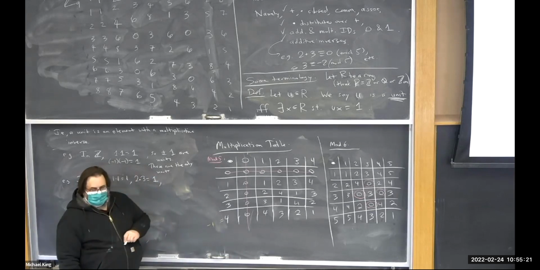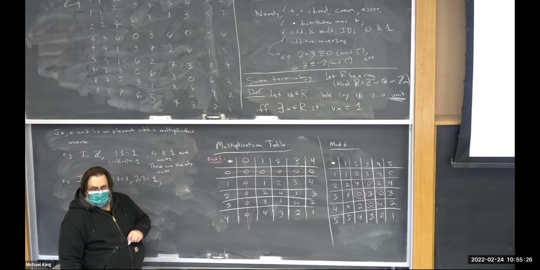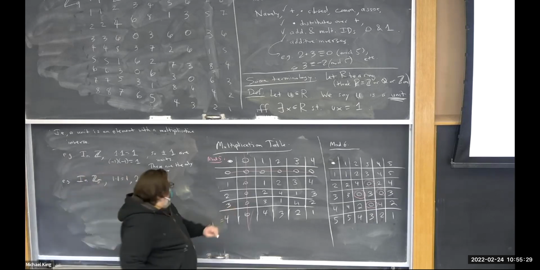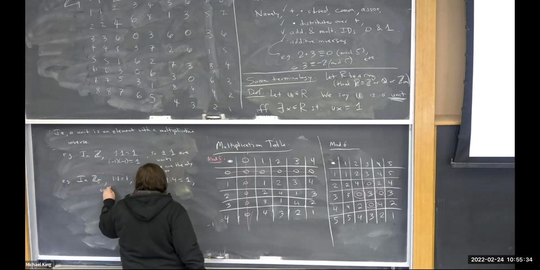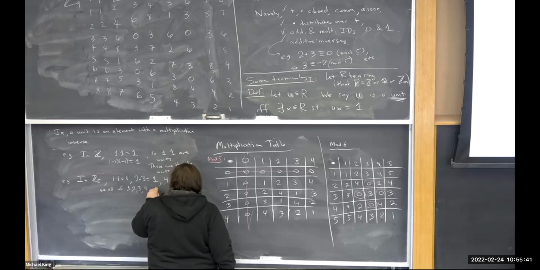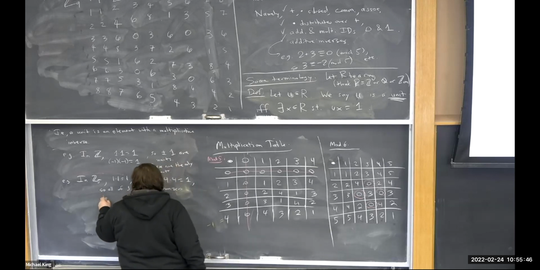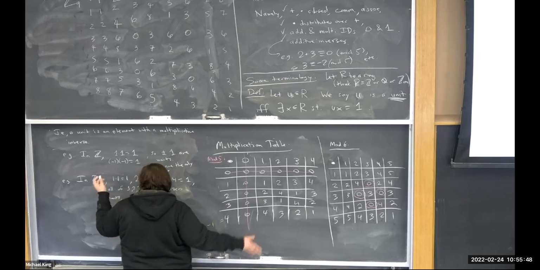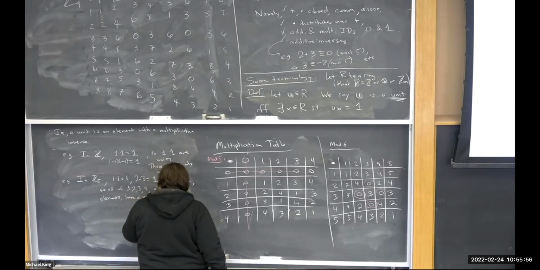What about 4? 4 times 4 is 1. So all non-zero elements, all of 1, 2, 3, and 4, have a multiplicative inverse. 0 is never going to have a multiplicative inverse.